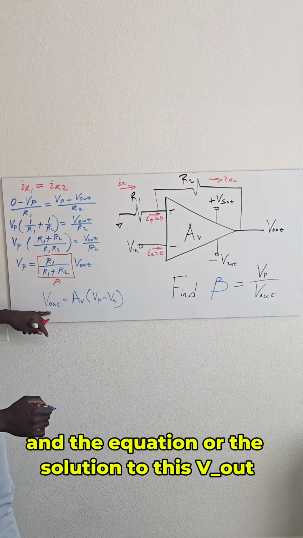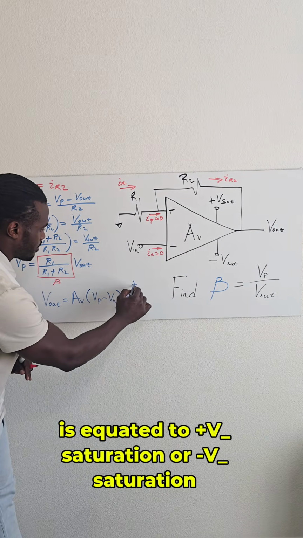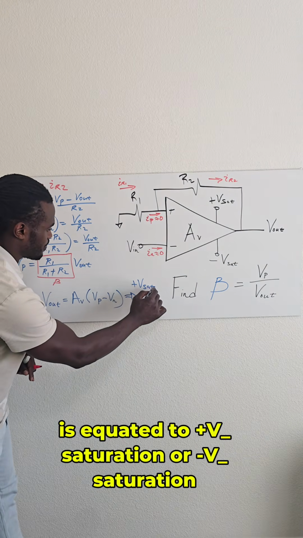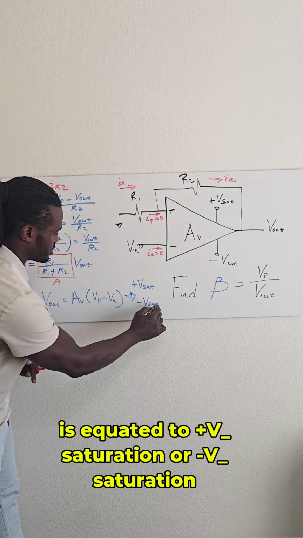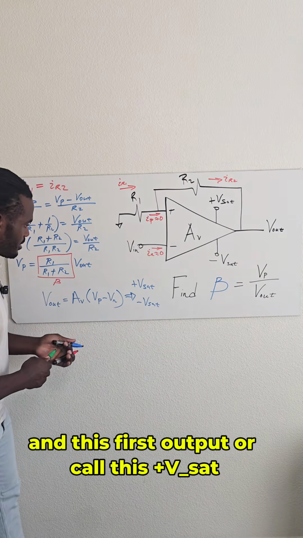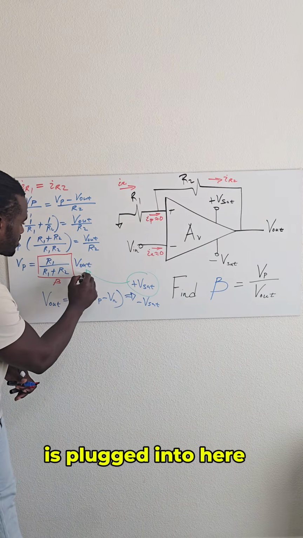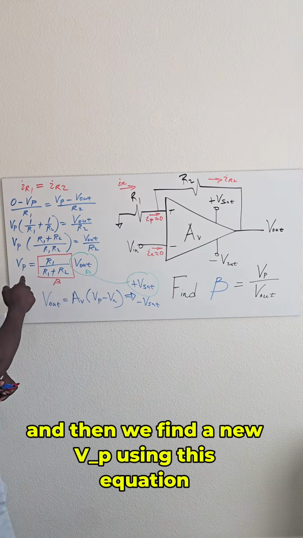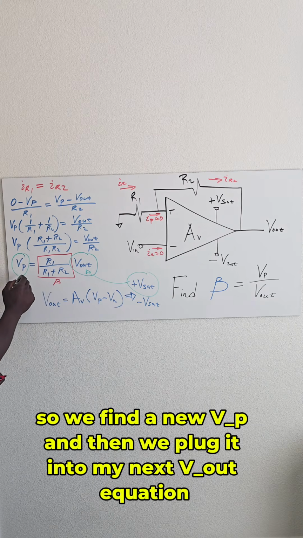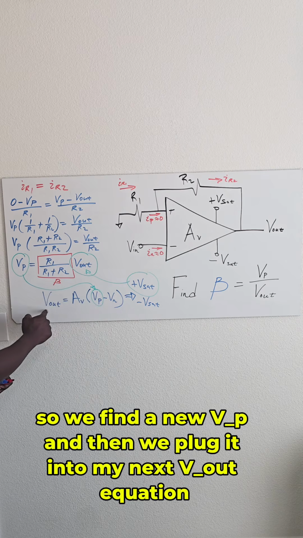The solution to this Vout is equated to plus V saturation or minus V saturation. This first output, call this V sat, is plugged into here, and then we find a new Vp using this equation. So we find a new Vp, and then we plug it into my next Vout equation.